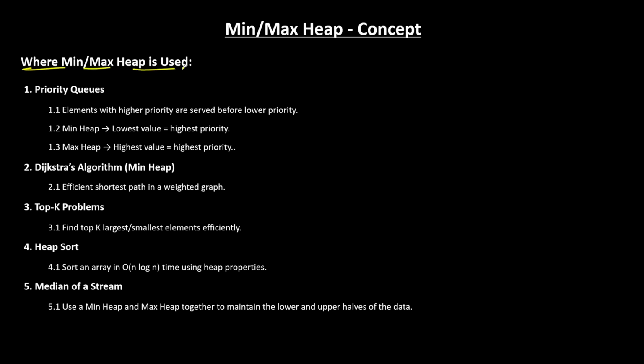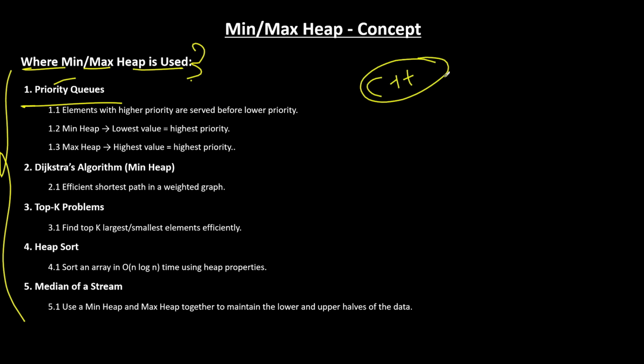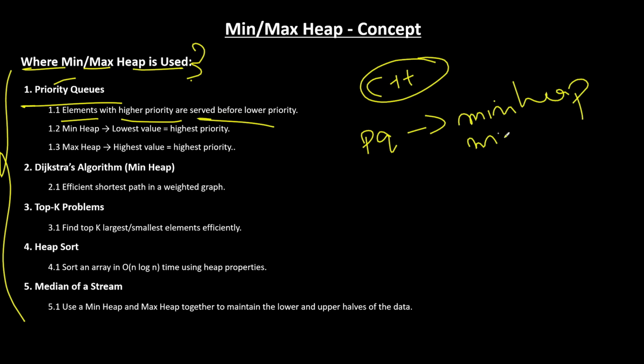Where is the min max heap used? Okay. So I've written some questions here, or you could say examples of where you could use this particular topic. In priority queues, it is mostly used in C++. Elements with high priority are served before the lower priority ones. A priority queue is basically a min heap or a max heap.